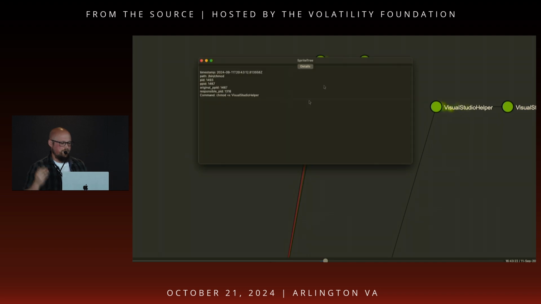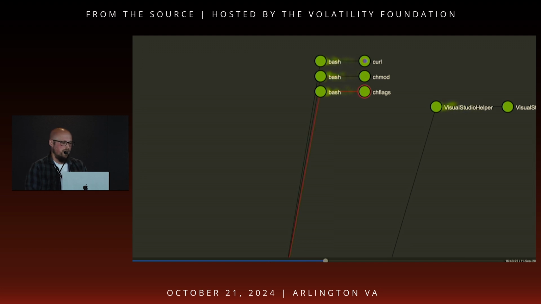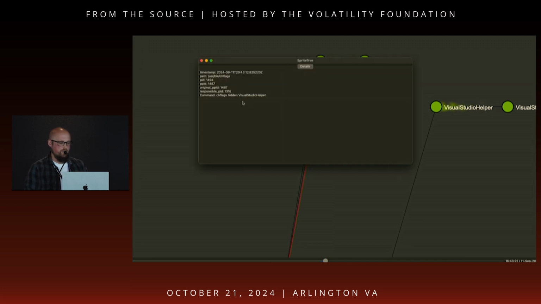Then after it's curled down, the execute permission is added to Visual Studio Helper, and then chflags, kind of a BSD command, once again rooting from the BSD side of macOS, adds a hidden flag to the file so that it can't be spotted in the directory it downloaded it to.